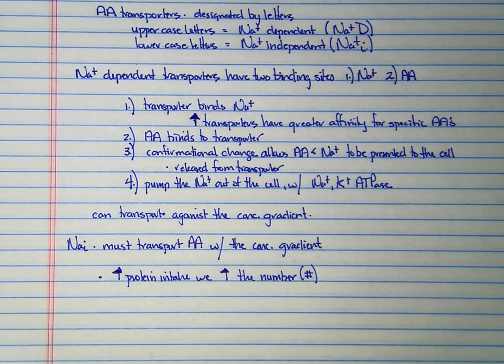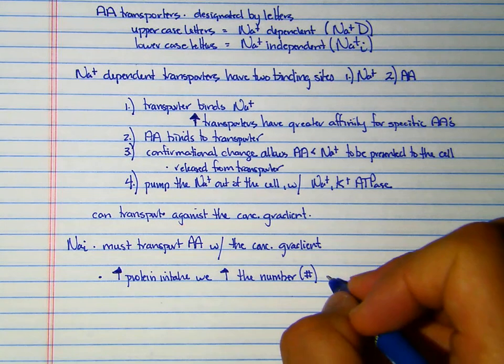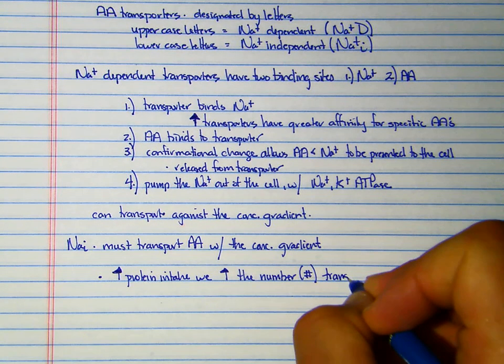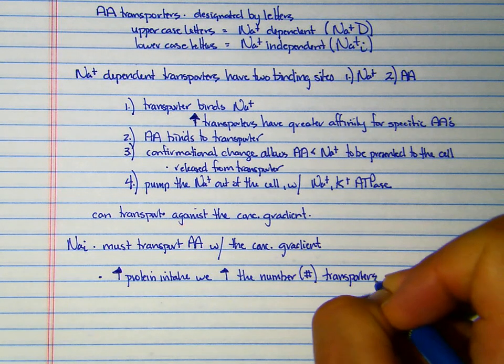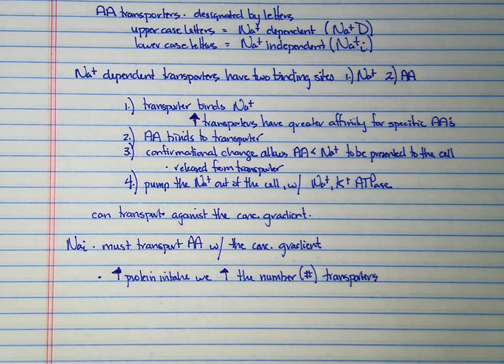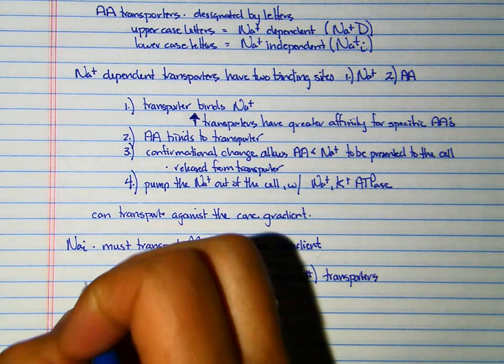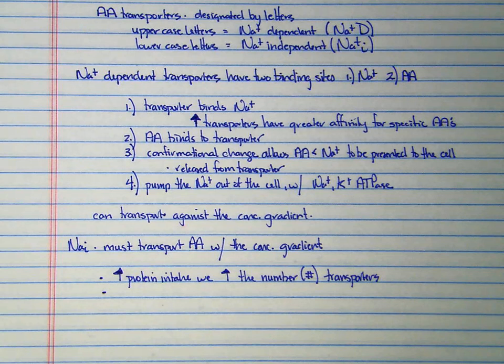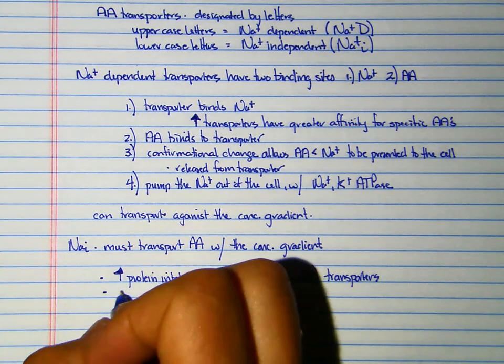So increase protein intake, we increase the number of transporters. So you'll have more transporters on an enterocyte because we're going to want to make sure to transport all of the protein in, or all the amino acids that we consume.